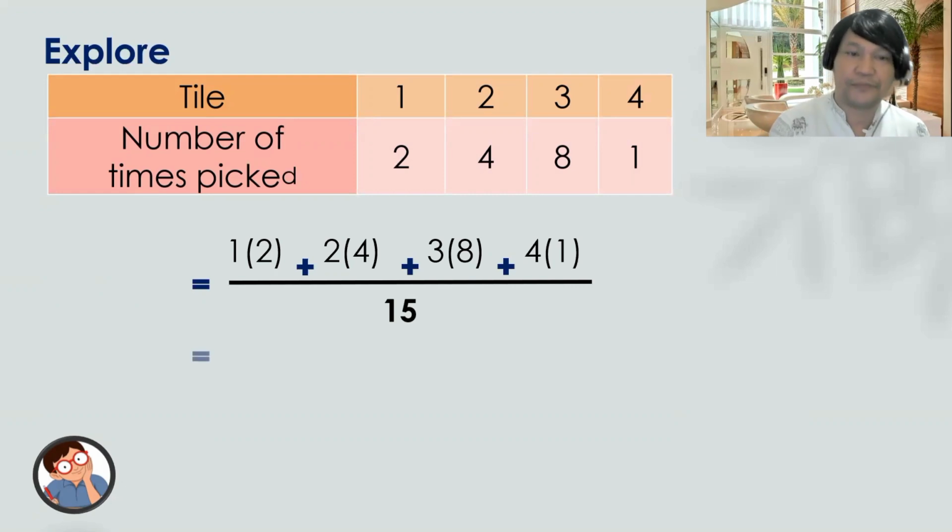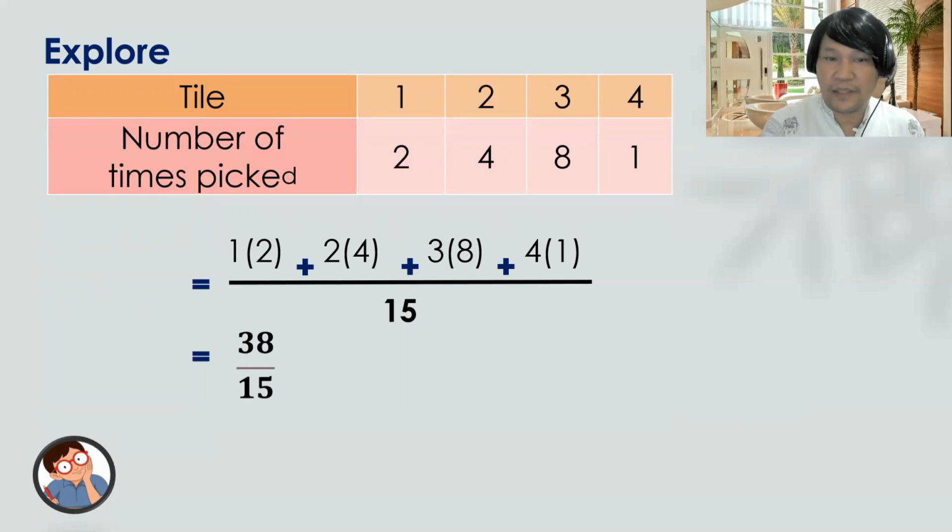Then we multiply: 1 times 2 is 2, 2 times 4 is 8, 3 times 8 is 24, and 4 times 1 is 4. Whatever the products, we get the sum, and our sum is 38.